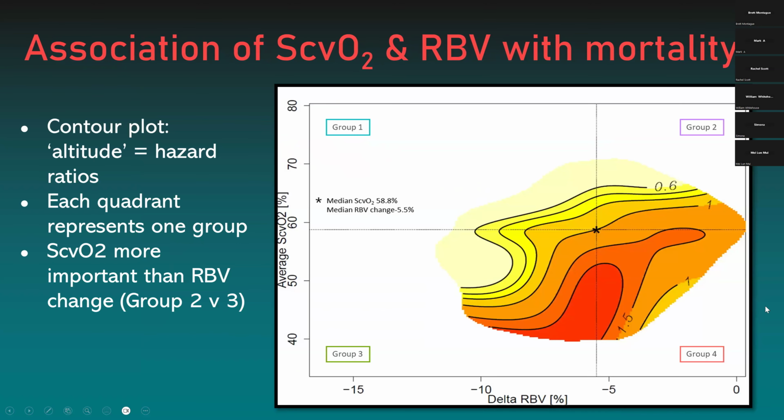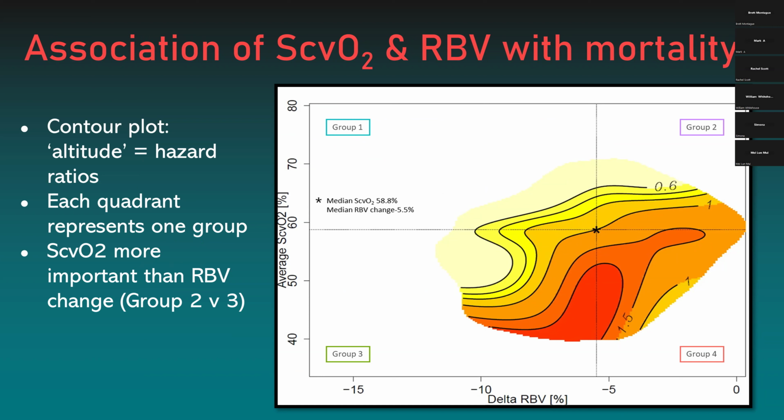This is one of the contour plots that I mentioned, and I think it's really nice. This may not work as well if it's not in color, but they're plotting the average central venous oxygen saturation on the y-axis, and then the change in relative blood volume on the x-axis, and then they're dividing up the quadrants to represent the different groups.